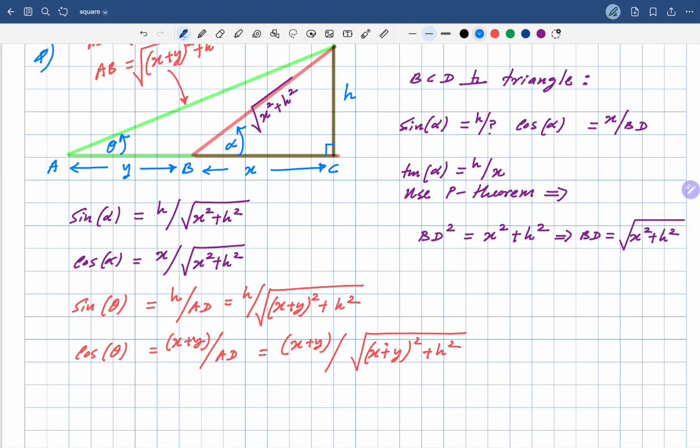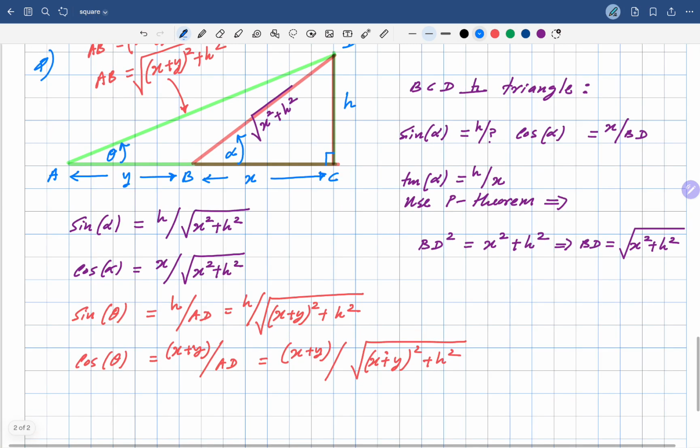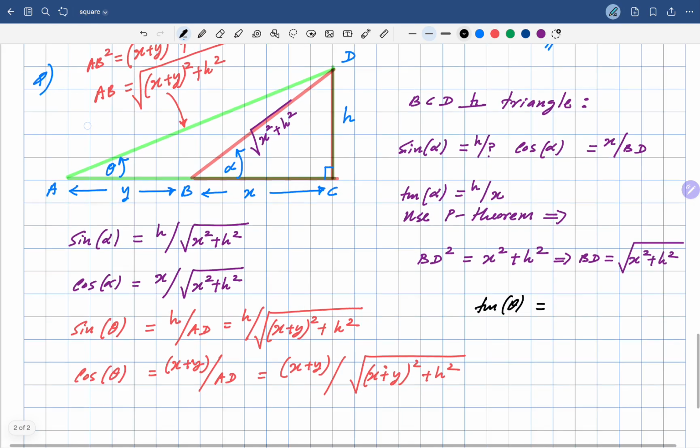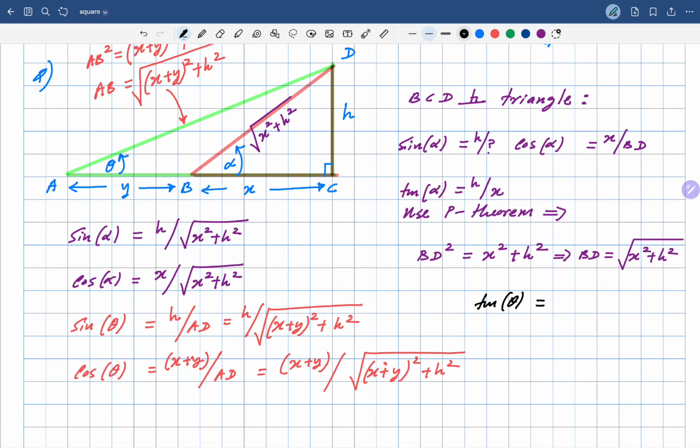Also in this question, we will use angle theta and angle alpha to find the relations between h and x, y. Let me write it down here. I'm going to use tan theta for the ACD right angle triangle, which is the biggest one. So that would be h divided by the adjacent, which is x plus y.